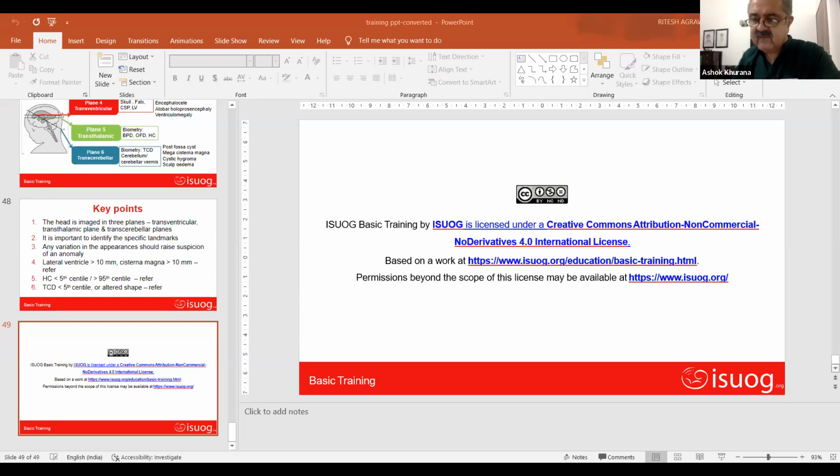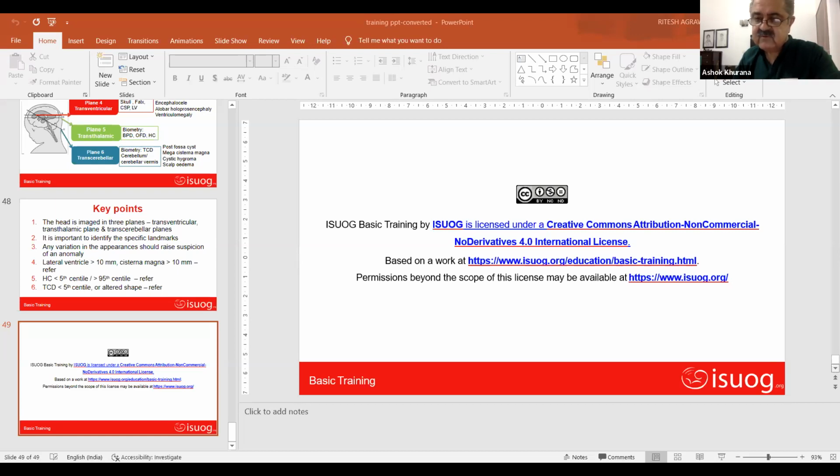And therefore, it's a wise idea to actually do these scans at the right time. Until we got the new MTP law last year, we had a deadline of 20 weeks. And very often the corpus callosum used to not be complete by that time, because we know that it takes up to 20 weeks to complete.